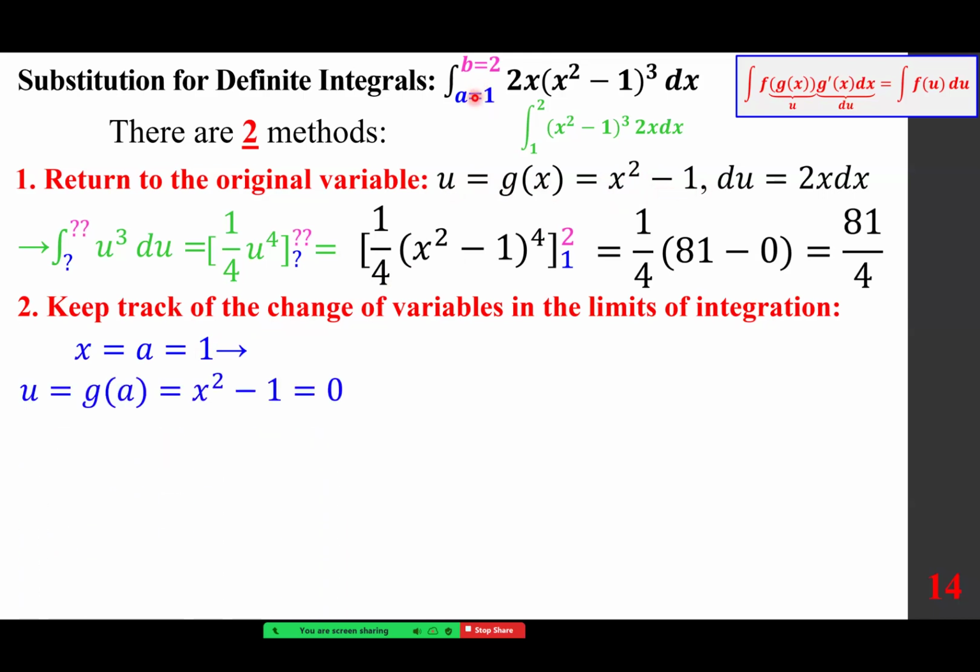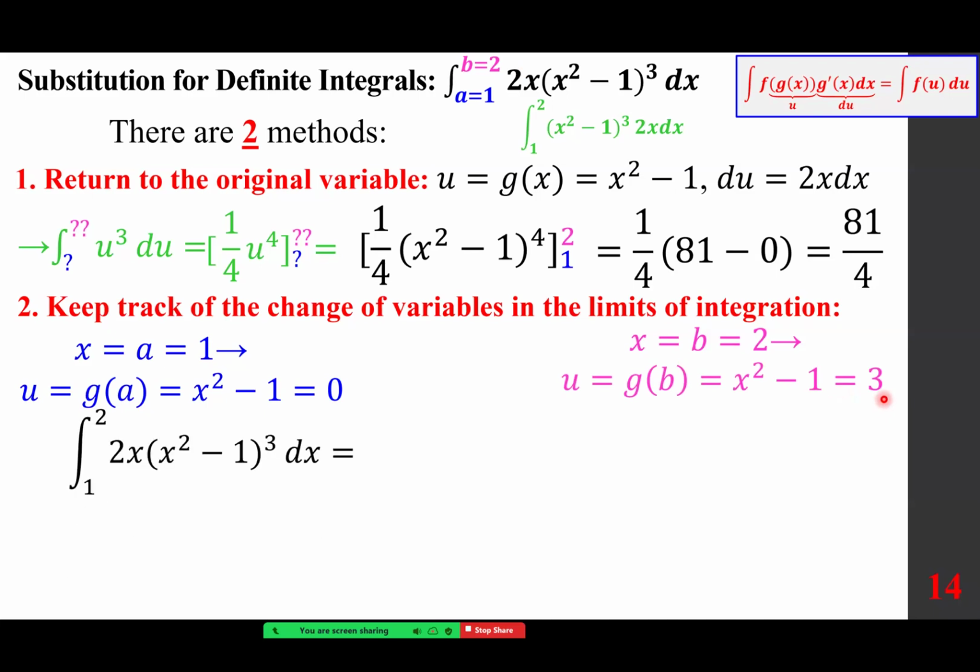So a equals 1 results in 0 for the new function. Therefore, that's the new lower limit. For the upper limit b equals 2, if I plug in 2 into this u function, 2 squared, 4 minus 1. So x squared minus 1 becomes 3. So the new upper limit that pertains to u is 3.